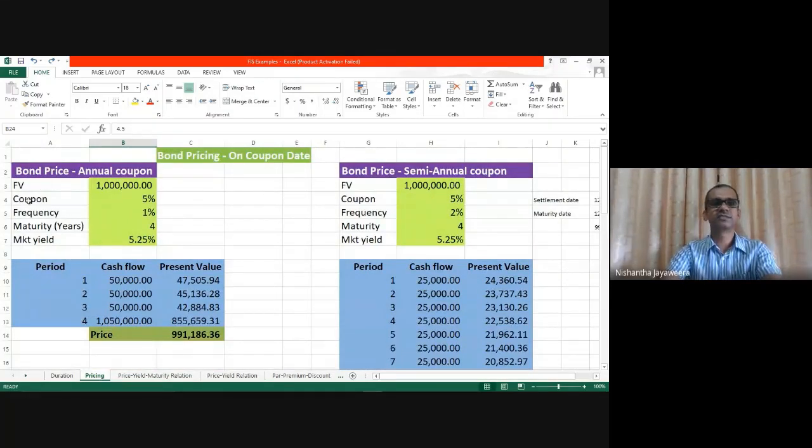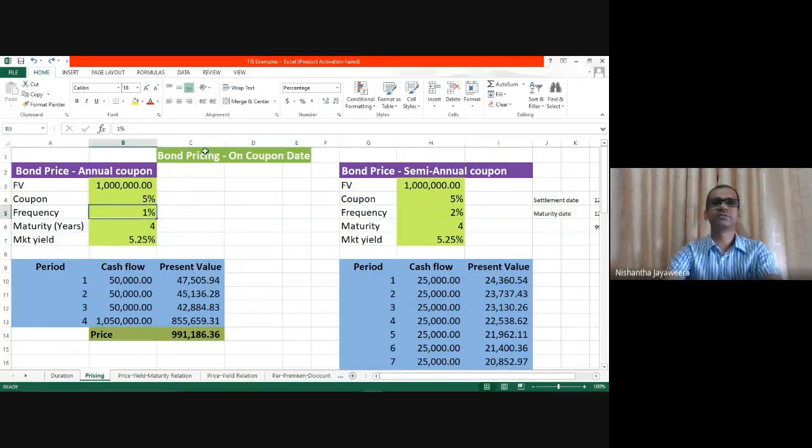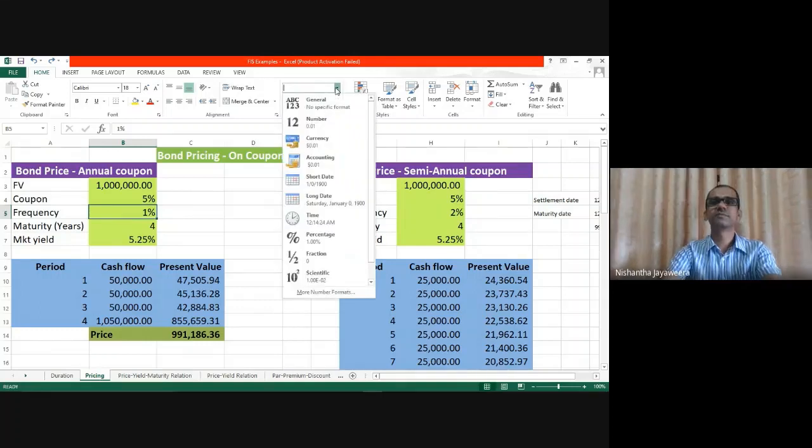So this is example 1, and this is the exercise. You can see frequency 1, frequency 2. Oh, sorry, it should not be a percentage.